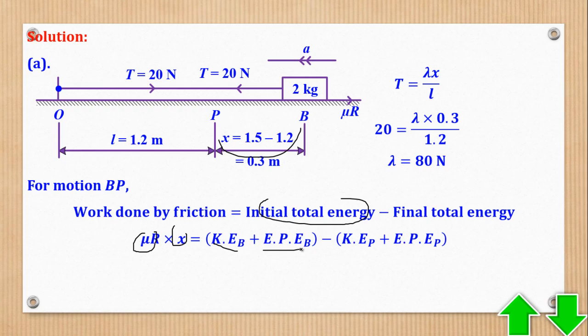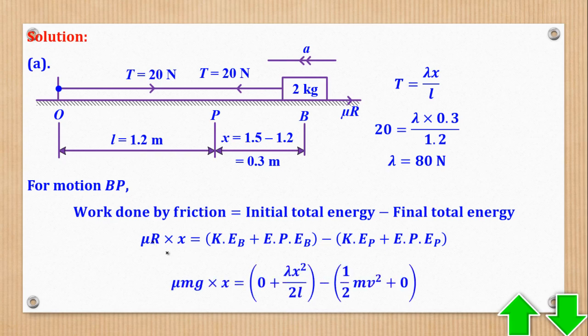For this case, it is horizontal motion, meaning initial height and final height are the same. So final kinetic energy is that. Then your friction is mu R, which is mu mg. KE is 0 in this case initially. Elastic potential energy is that. KE is that, final at point P, and elastic is 0.